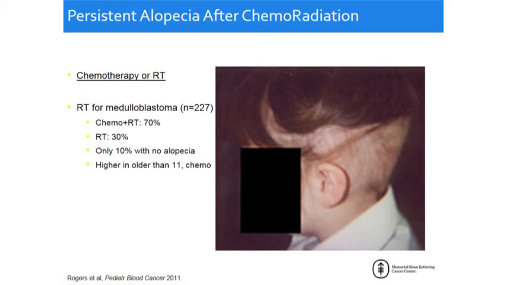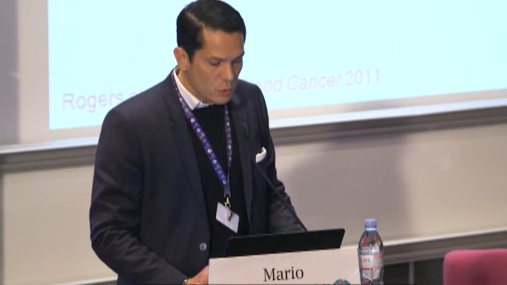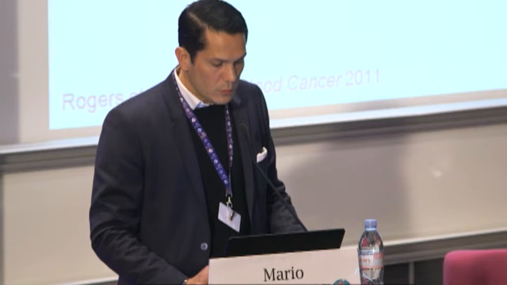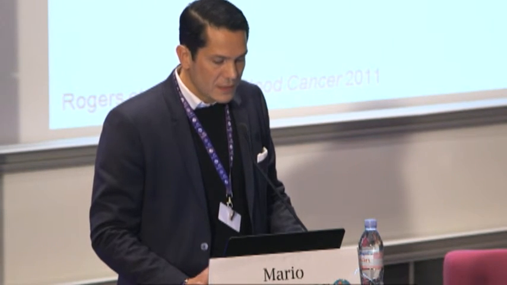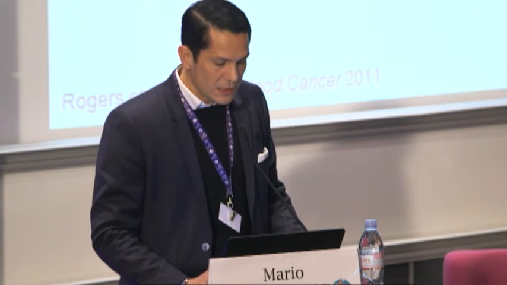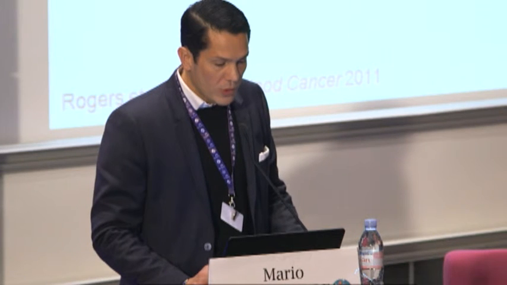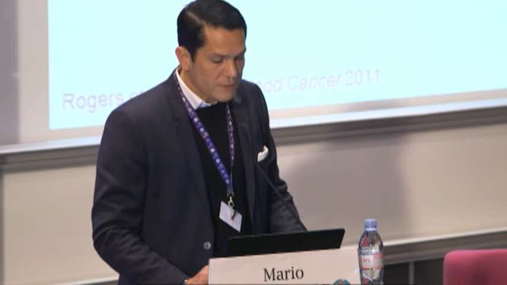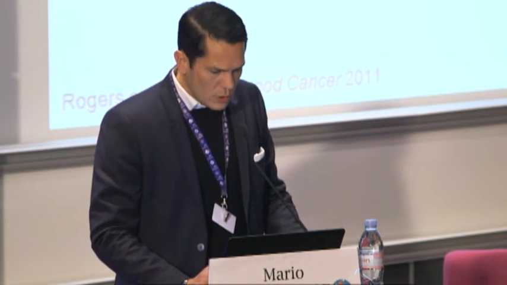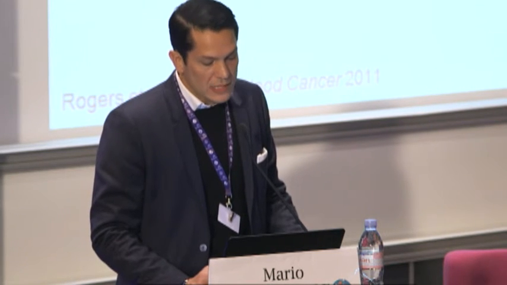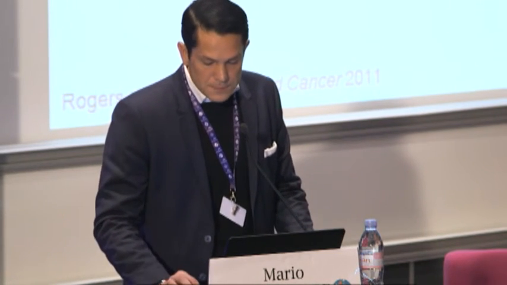And nowhere was this more evident than in this study of 227 children treated with chemotherapy plus radiation, in which 70% developed persistent alopecia seen here, compared to only 30% of those that had radiation therapy alone. The risk factors were children that were older than 11 years old and those that also received chemotherapy.